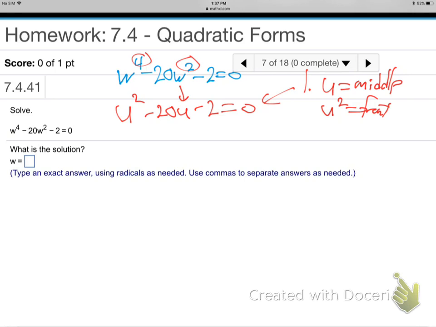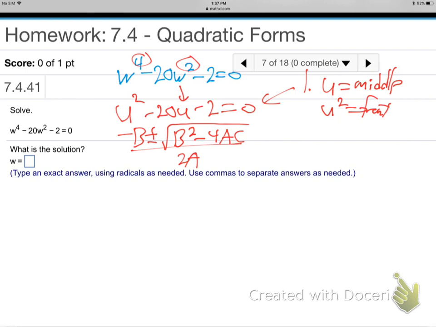And then solve for u. How are you going to solve for u there? Yeah, the factoring won't work. You need to do the quadratic formula on that one. This is going to be negative b plus or minus the square root of b squared minus 4ac all over 2a.